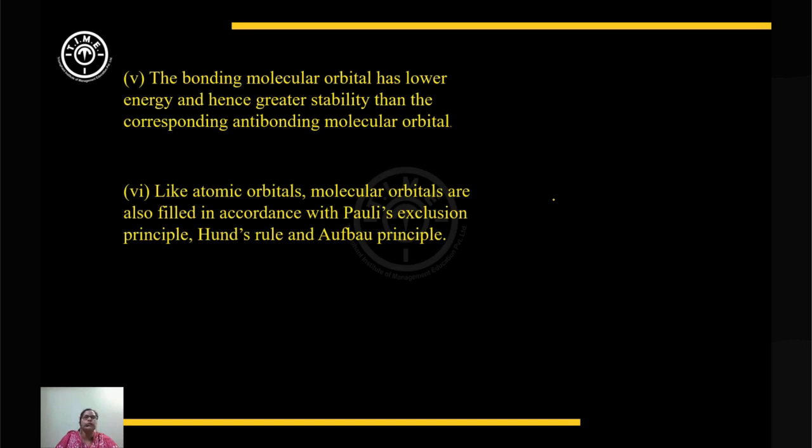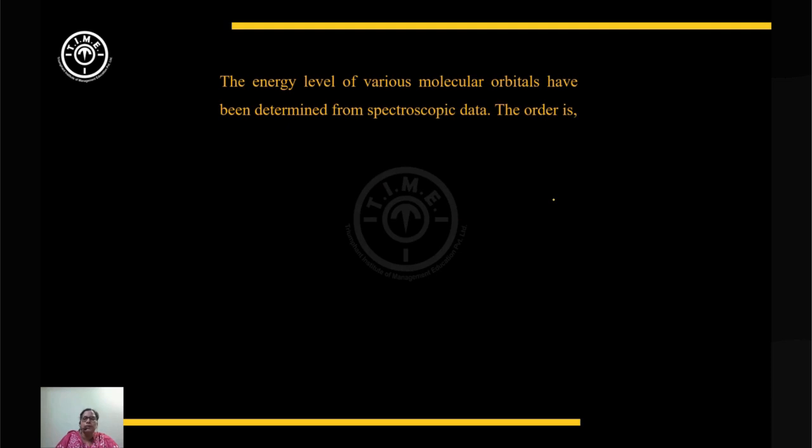And Hund's rule, so the degenerate orbitals each hold 1 electron before pairing. Aufbau principle, the electrons are filled in the molecular orbitals in the increasing order of their energies. Let us see the energy levels of various molecular orbitals which are determined from spectroscopic data.